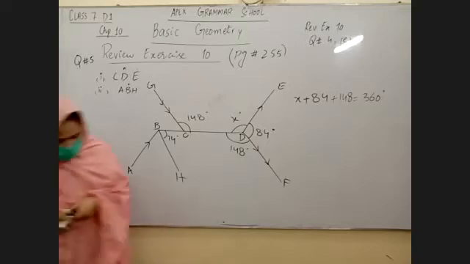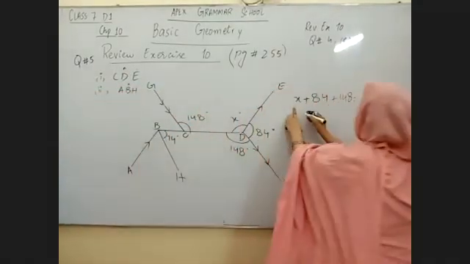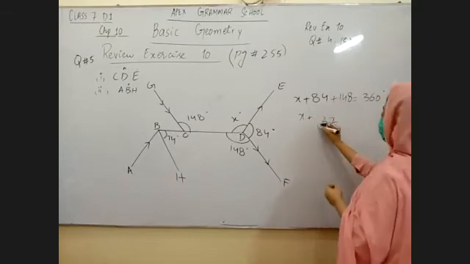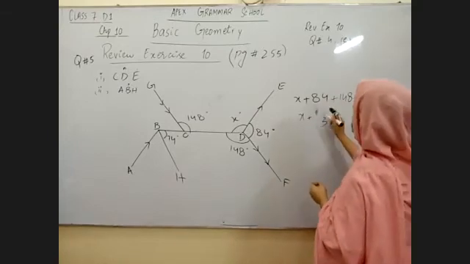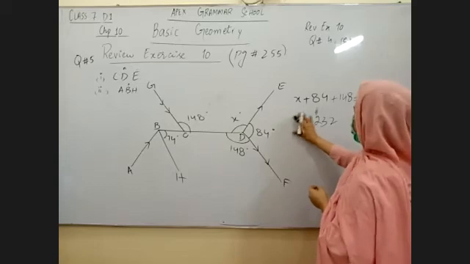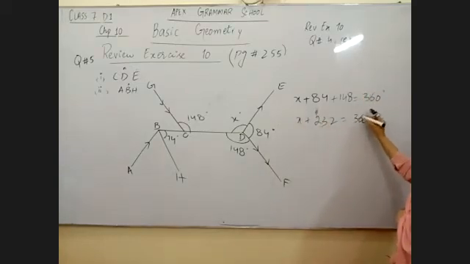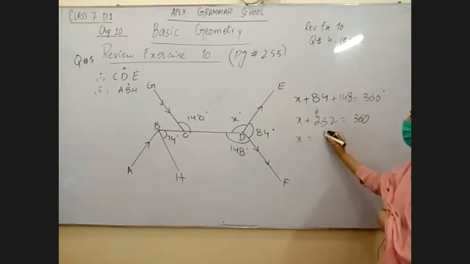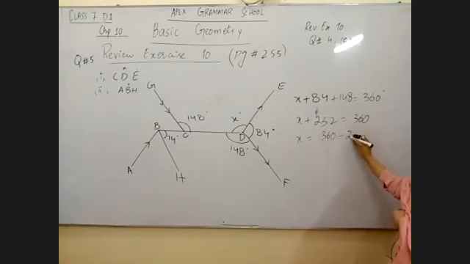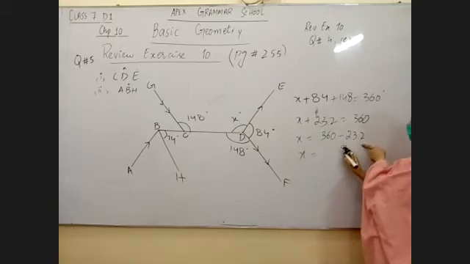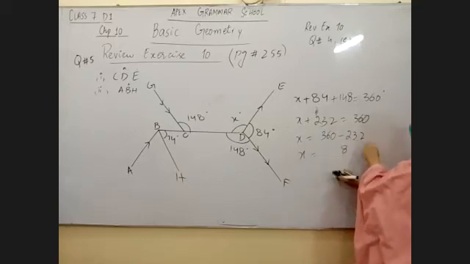Okay, just let me do it again. 8 and 4 is 12. It's 232. 232 is equal to 360. This is being added on the other side, so it will be subtracted. 360 minus 232. x is equal to 10 minus 2 is 8.